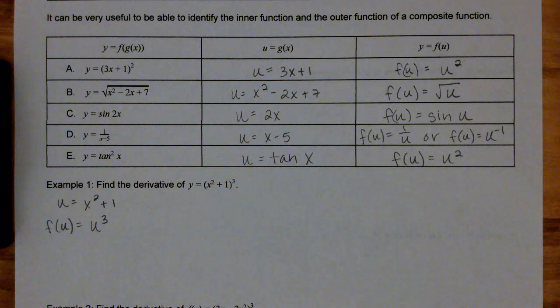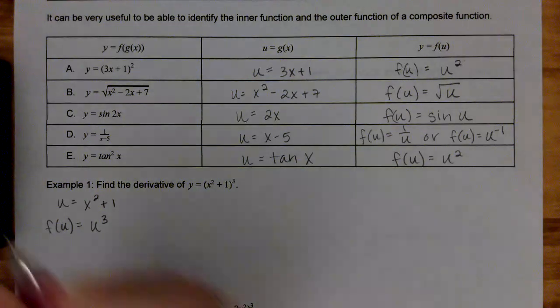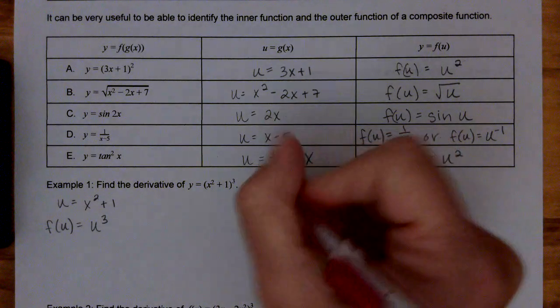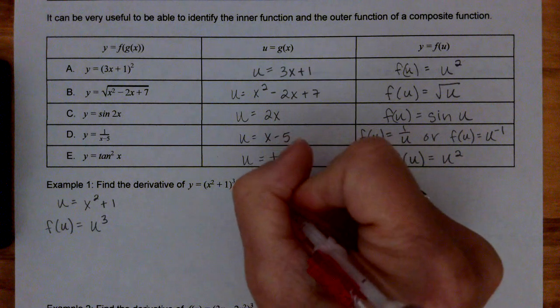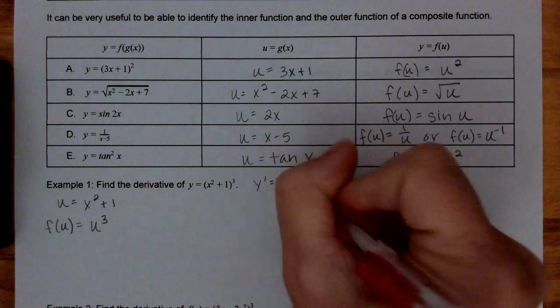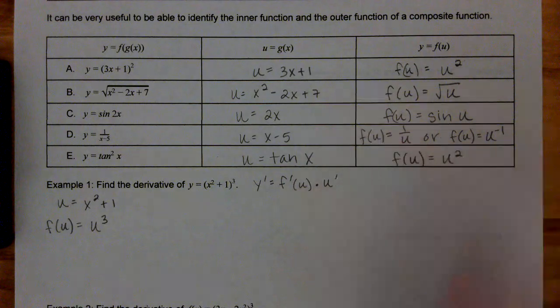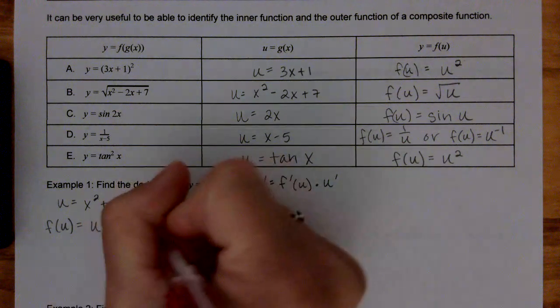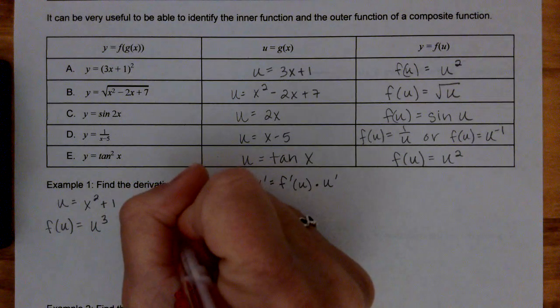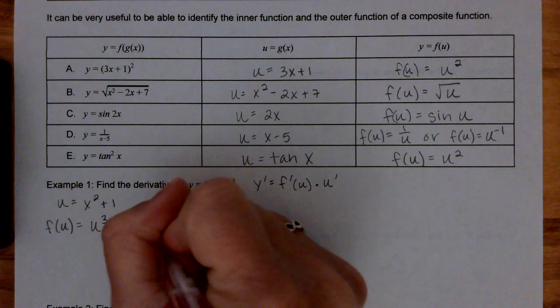Next, I need to use the chain rule, which is going to tell me that y prime is f prime of u times u prime. So now I need u prime and I need f prime of u.